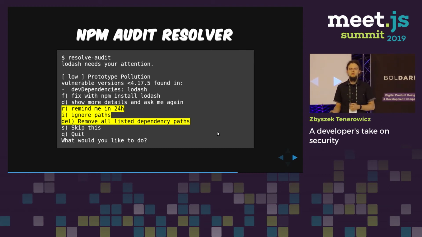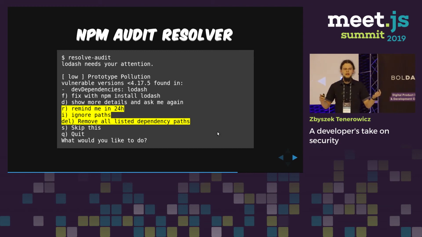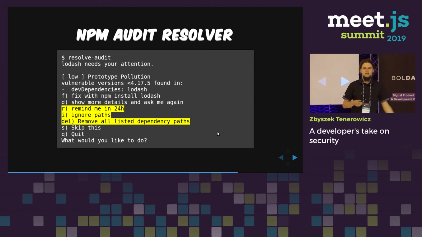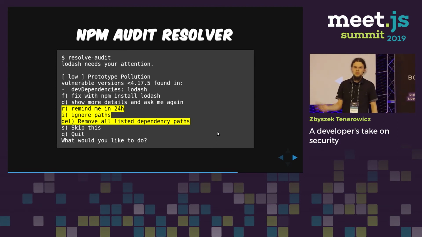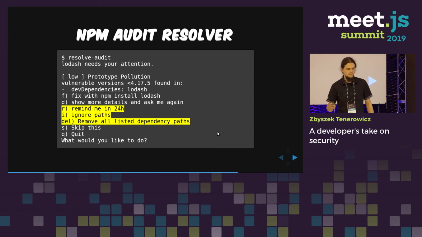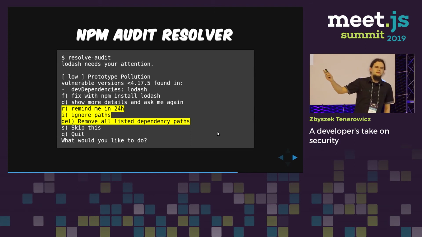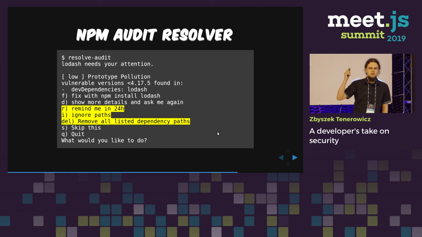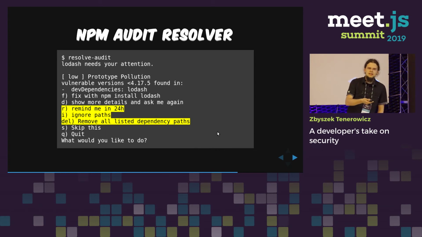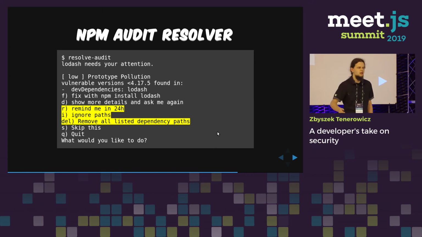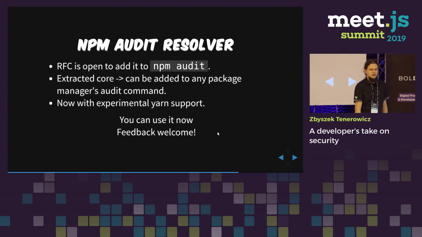So if the same problem with the same dependency happens elsewhere, like not in dev dependencies or as a sub-dependency of something else, it's going to be brought back to your attention again. And you can obviously remove the dependency. I added this because I spotted that resolve-audit was asking me what to do with stuff that I'm no longer using. So this also helps me clean up dependencies sometimes.